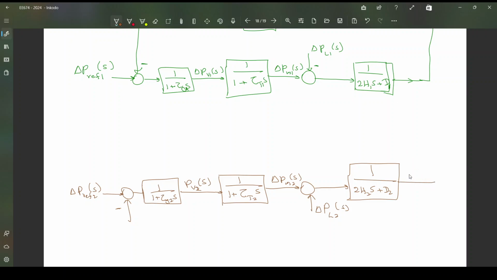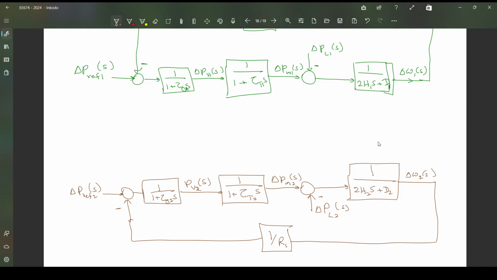Actually here you get delta omega 2s, and here you get delta omega 1s, and here you have the 1 over R term, this will be minus 1 over R2. So this is the two automatic generation units for two different areas.